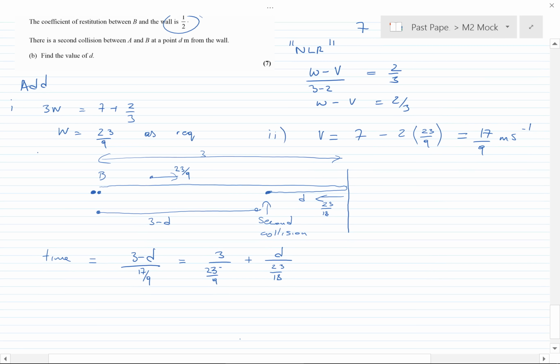Okay, now I'm going to get rid of the stacked fractions, so we've got a nice equation here. Well, nice, a relative term I suppose. So 9 times 3 minus d over 17 is equal to 9 times 3 over 23 plus 18d over 23.